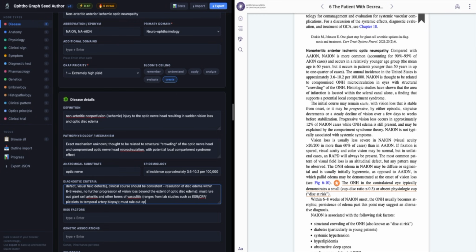Just rule out optic neuritis in appropriate cases. MRI, brain and orbit without contrast, with suppression.